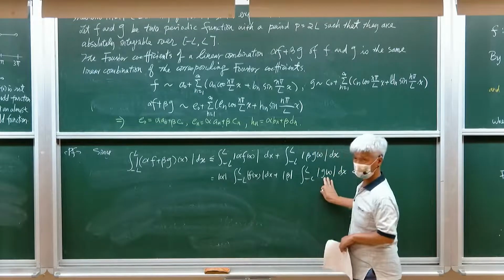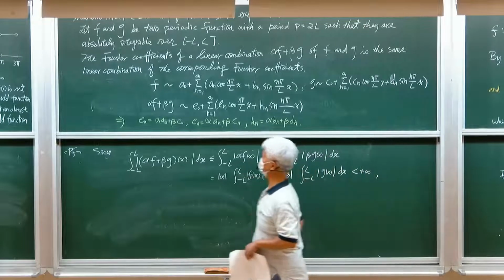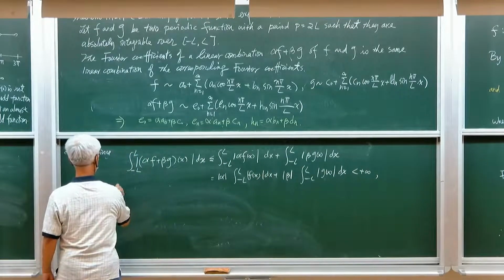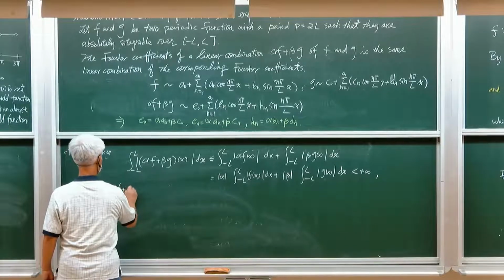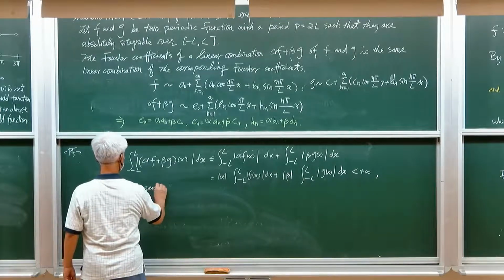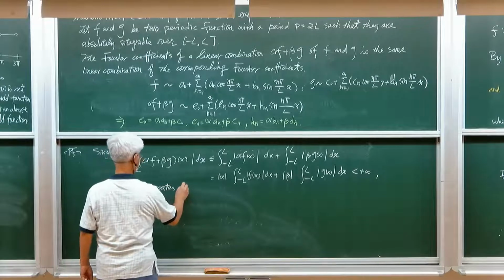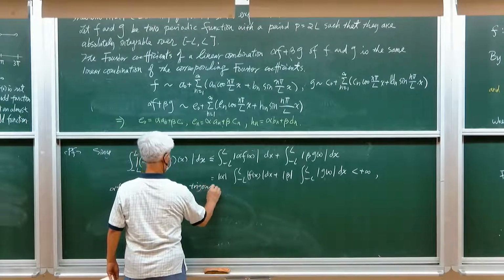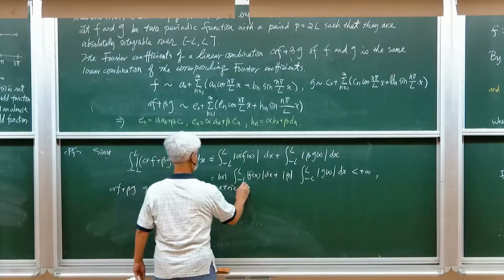And this is also finite. So we have that alpha f plus beta g generates a trigonometric Fourier series.